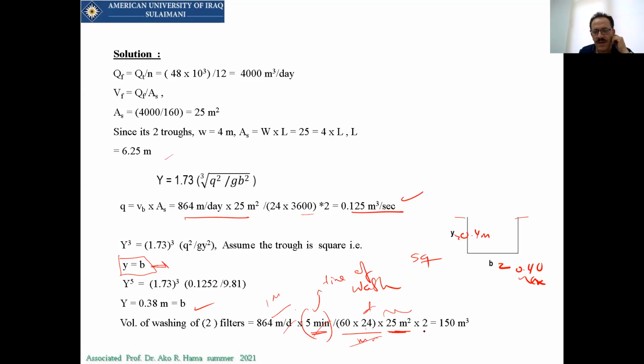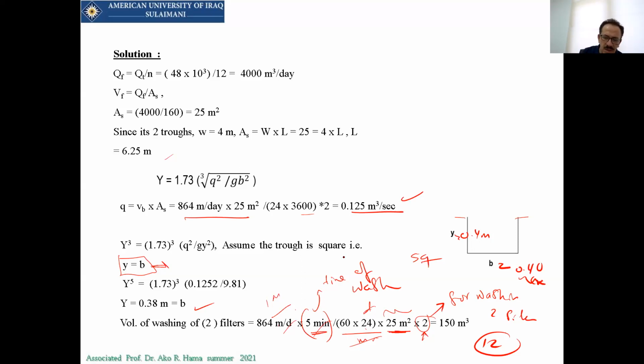And then I have to double that amount, because this is for washing 2 filters. We have 12 filters. I want to wash 2 filters each time.